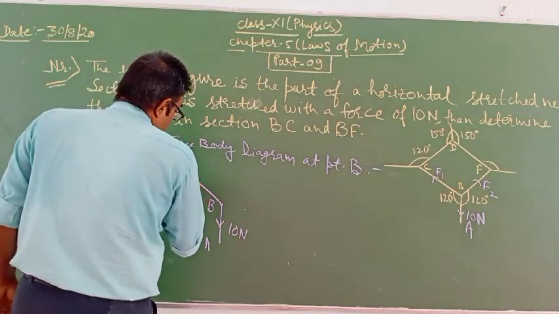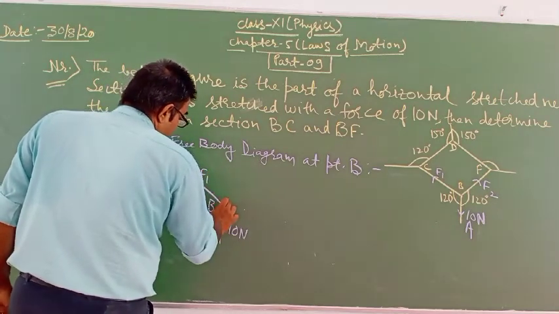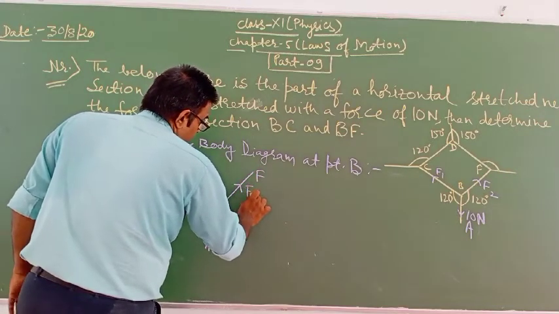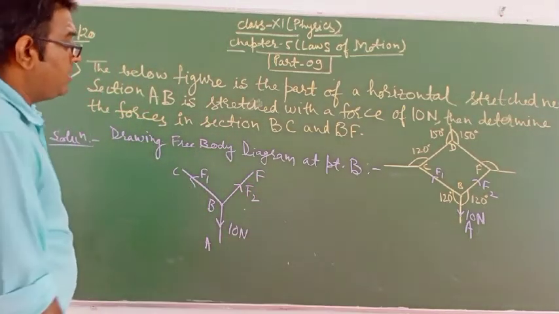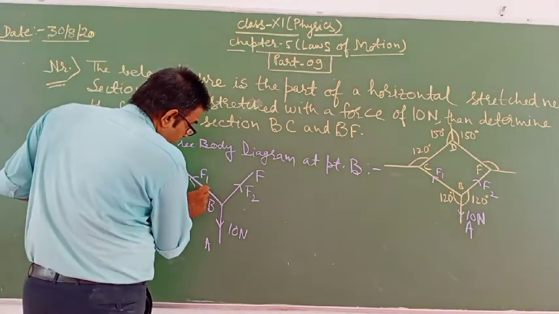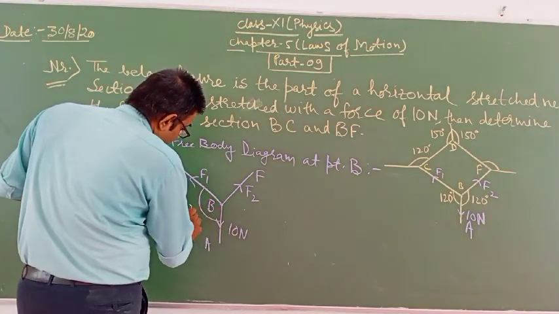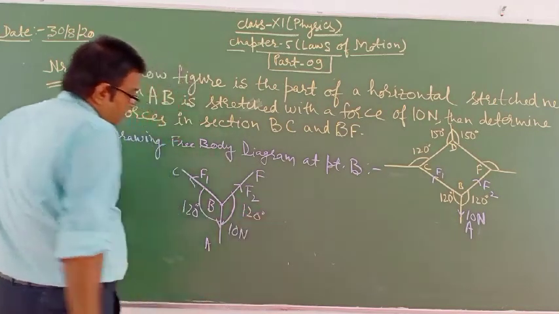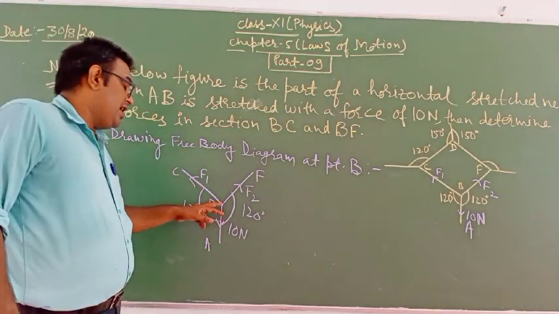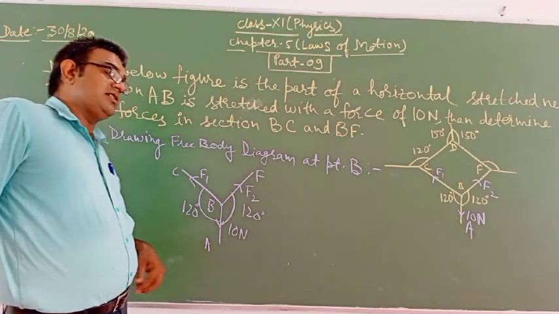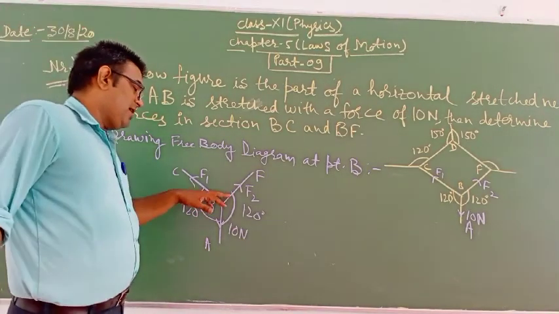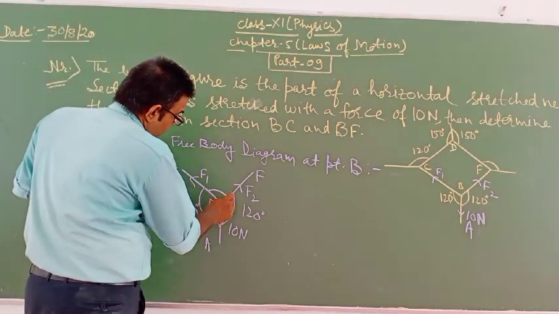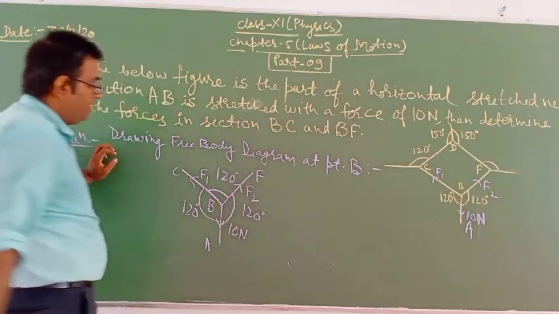This is BC, where force F1 is acting, and this is BF, where force F2 is acting, and the angle given between F1 and 10 Newton is 120 degrees. So 120, 120, and at that point the complete angle is 360, so 360 minus 240 is obviously 120 degrees.